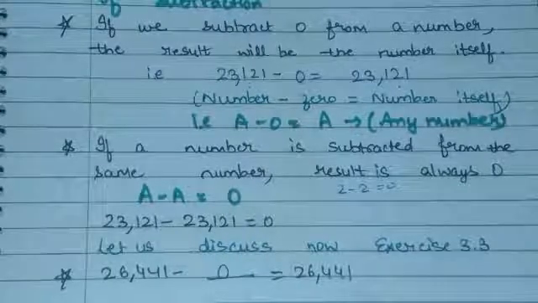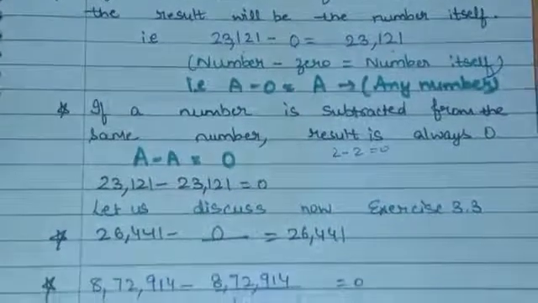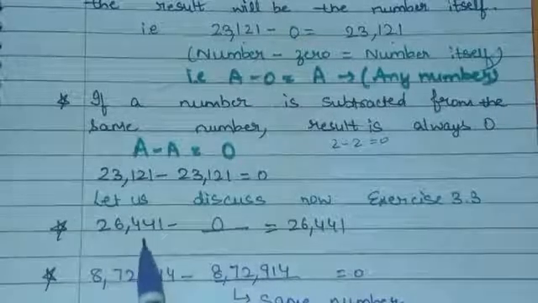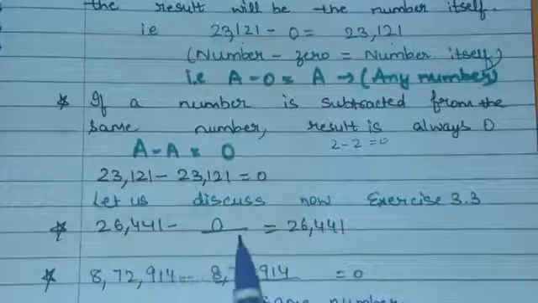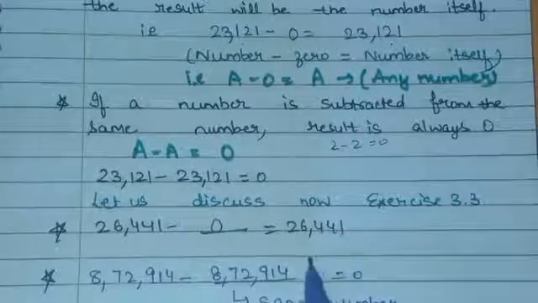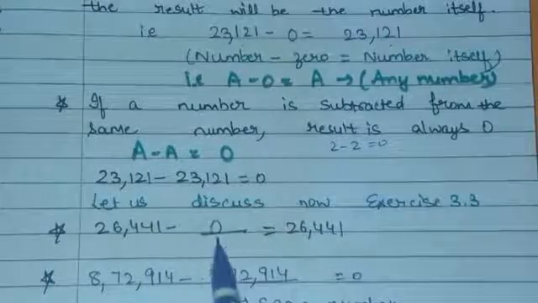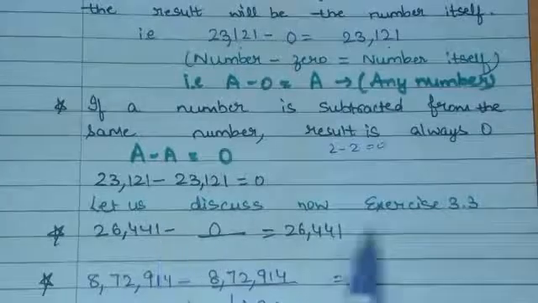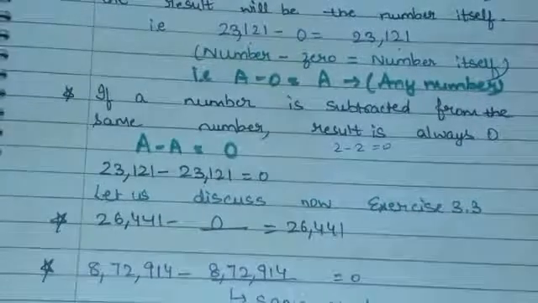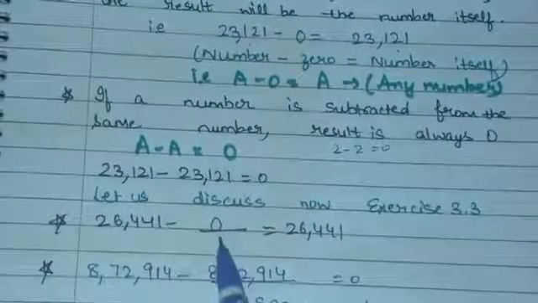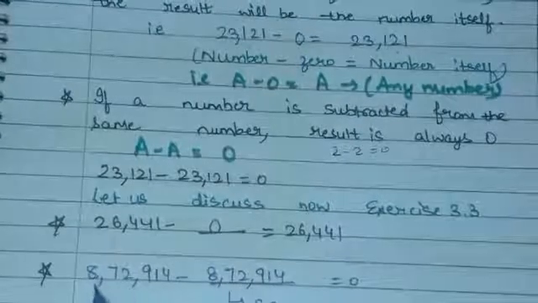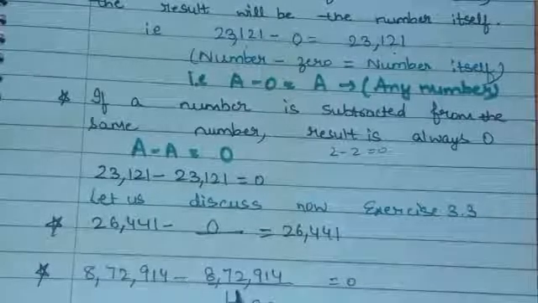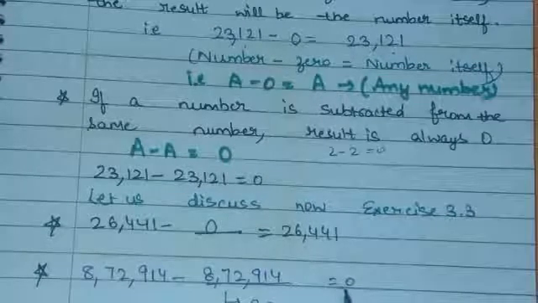Clear? So now let us discuss exercise 3.3. 26,441 minus what gives you the same number? Means what number we subtract from 26,441 so that we get 0. In the next, 8,72,914 minus what number will give you 0.